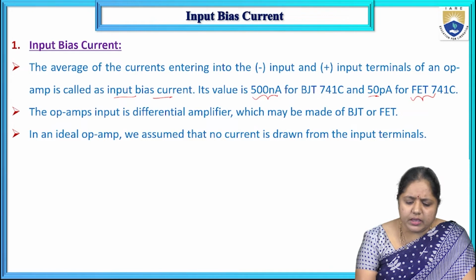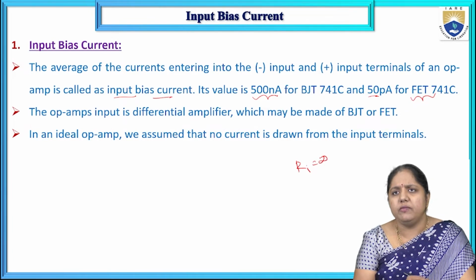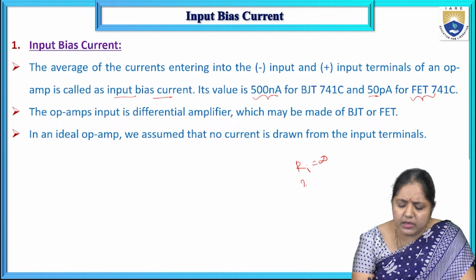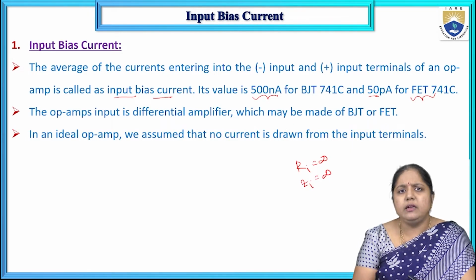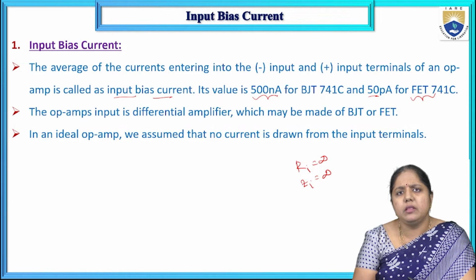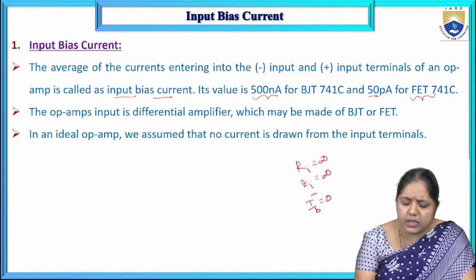Here, for the ideal operational amplifier, we know that the input impedance is infinity, Z equal to infinity. If the input impedance is infinity, then the operational amplifier should not draw any current from the inverting and non-inverting terminals.